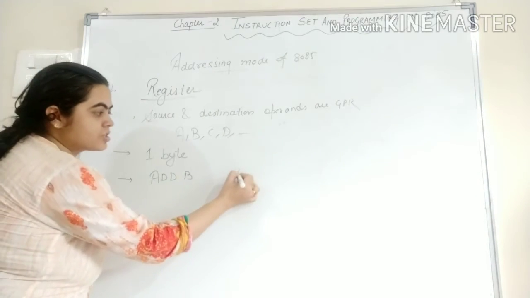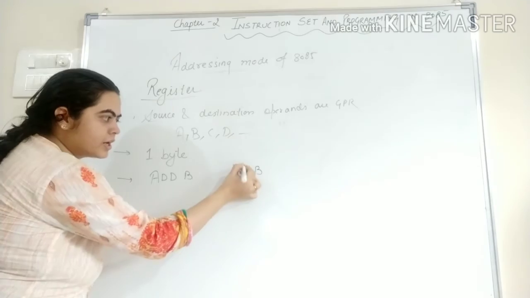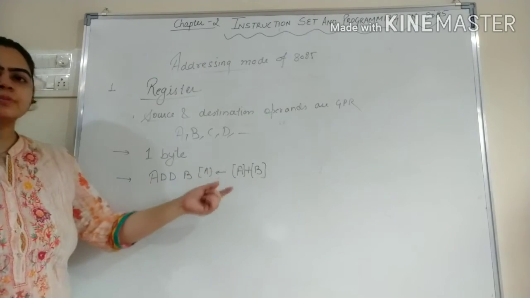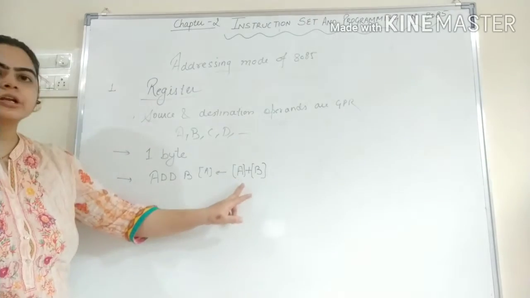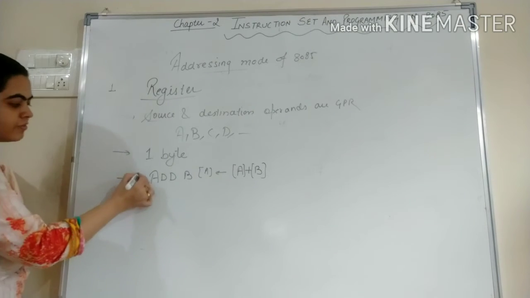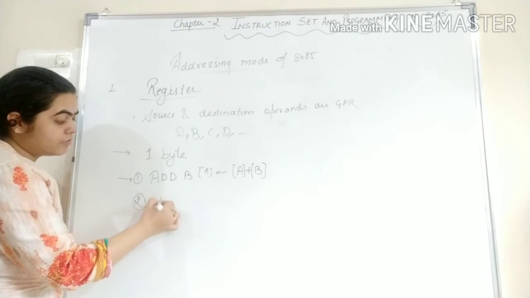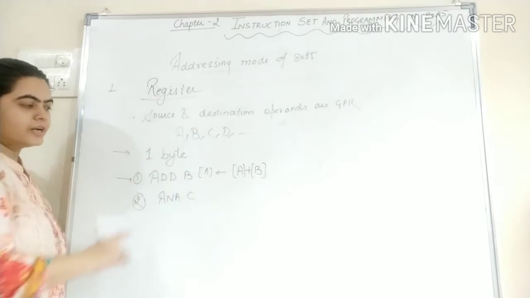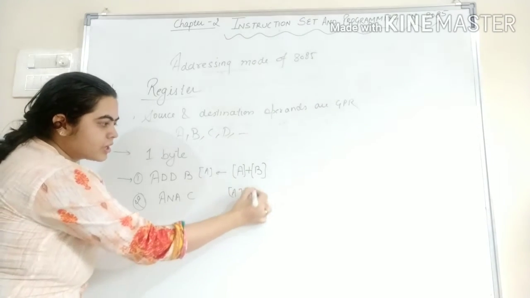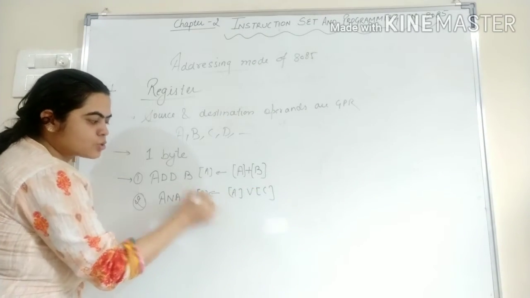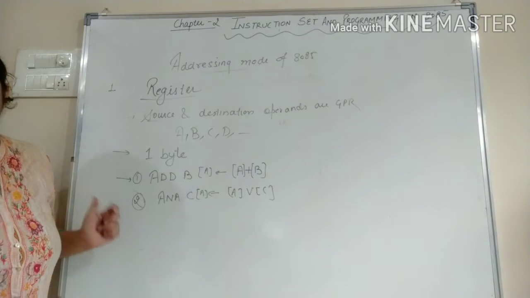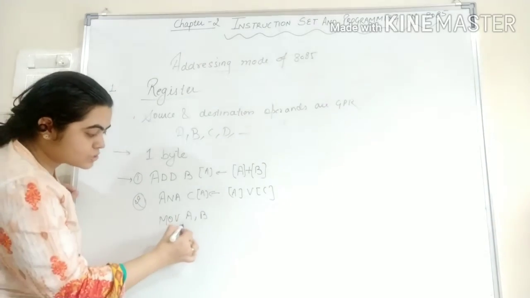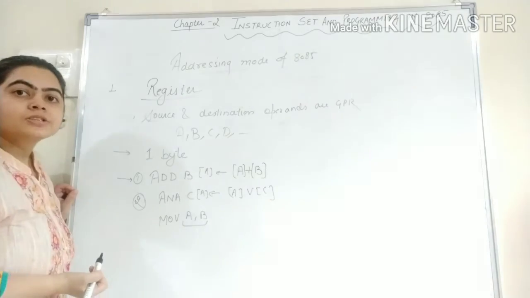The meaning of this instruction is that we add the contents of A with the contents of the B register and the result is stored in A. Second example, ADC C. This instruction means add the contents of the accumulator with the contents of the C register and the result is stored in the accumulator itself. Next example we can see MOV A, B. Again in this instruction you can see the source as well as the destination are both general purpose registers.